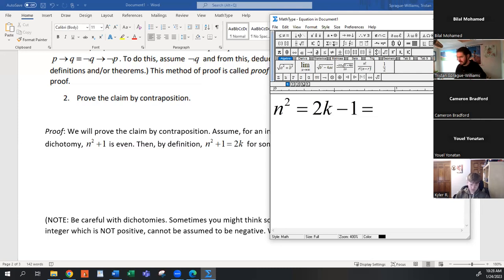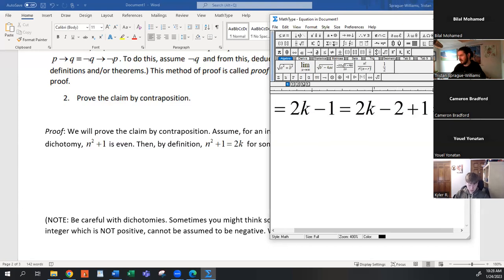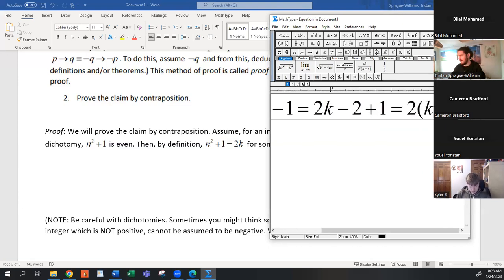So maybe we can write that as 2k minus 2 plus 1. I know that's a bit weird, but -1 is -2 plus 1. And then I can factor out a 2 and say 2 times k minus 1, plus 1.